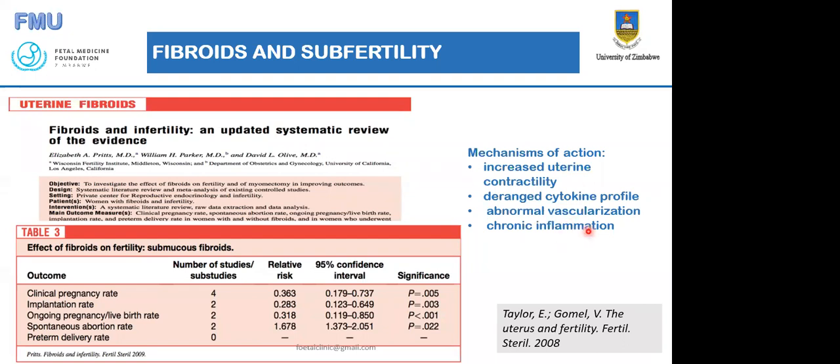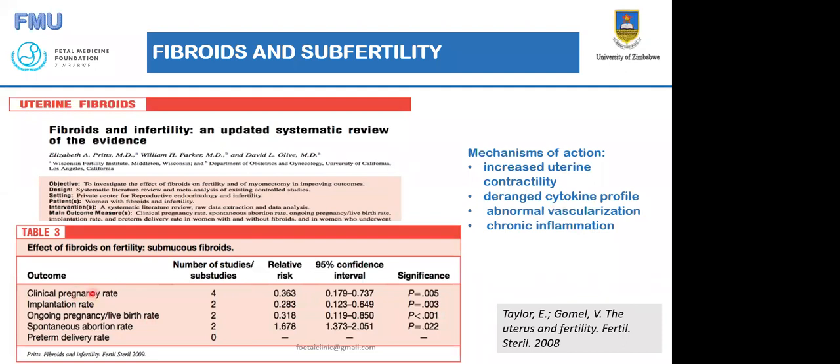Where the fetus will be embedded, right? So then chronic inflammation can also occur with fibroids, and this is one of the reasons why sometimes women may end up going to preterm birth, this chronic inflammation, but this also does interfere with fertility.